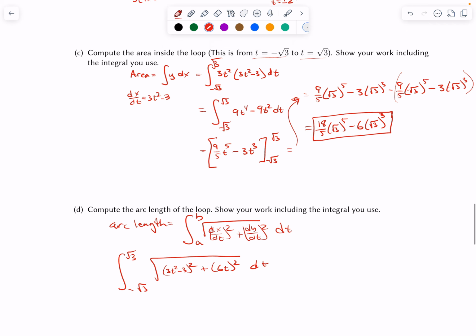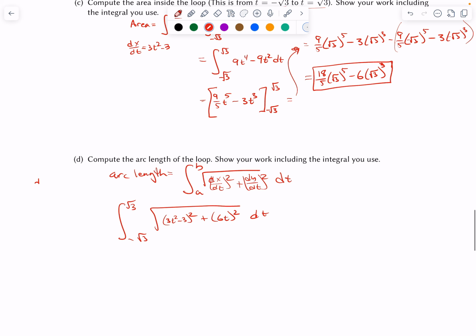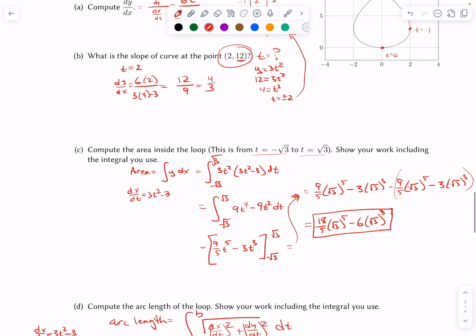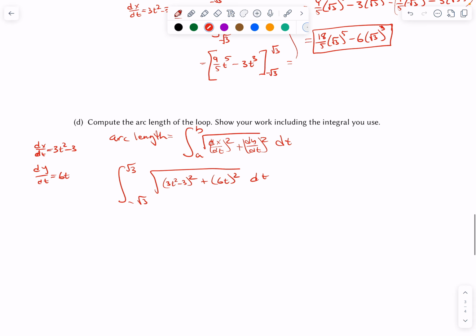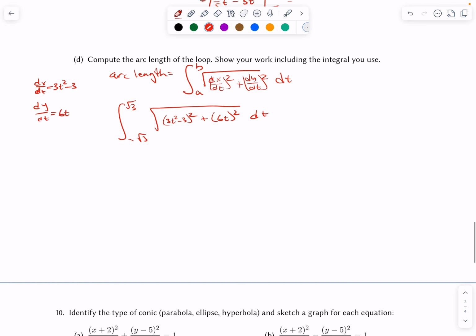Okay, so I should probably put that somewhere near here. Dx over dt is equal to 3t squared minus 3. Dy over dt is 6t. Did I get that all correct? I hope so. Okay, let's see if this works out nicely.